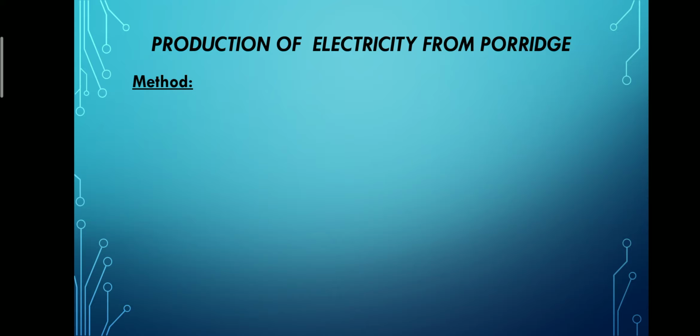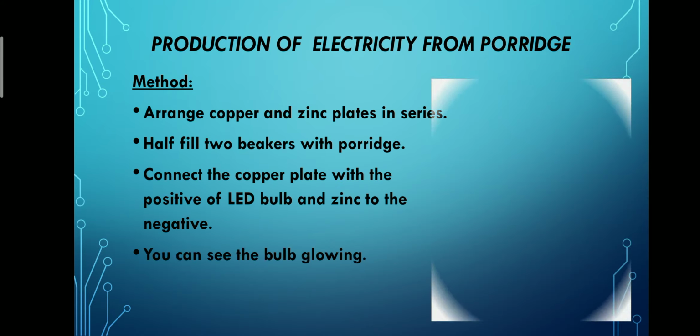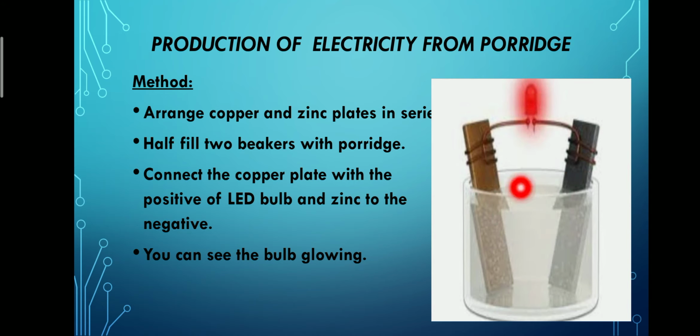You have to take a beaker and fill it with the vinegar, and place a copper plate and a zinc plate in it, and connect the positive terminal of the LED bulb to the copper plate and the negative terminal to the zinc plate.